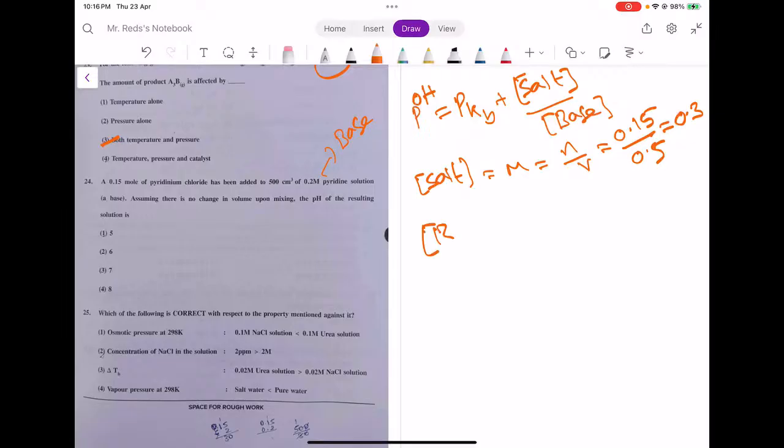Next, base concentration is equal to number of moles by V, which is 0.2 by 0.5.